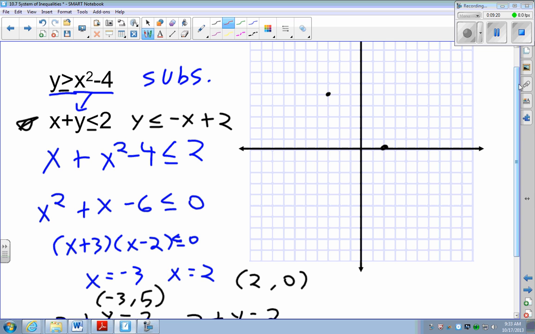We'll use the red marker for our parabola, so down 4 for our y-intercept, and let's graph it. Okay. Now we have to graph our linear line. So our y-intercept is 2. We have a negative 1 as our slope.